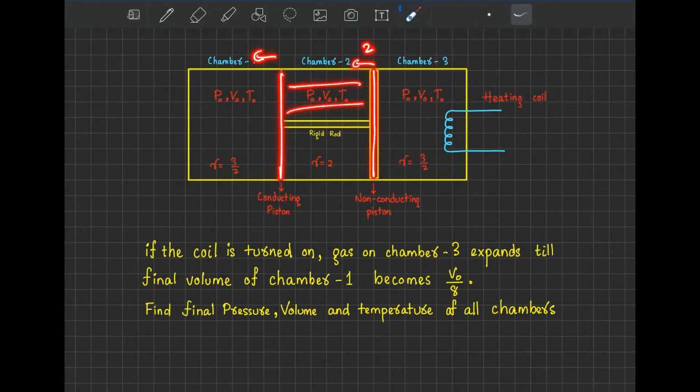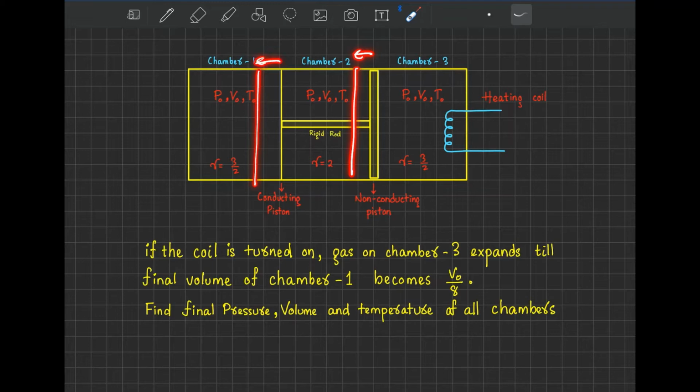So this volume will shift entirely. If this piston moves, this piston will also move, so the volume within this region will not change. It will remain the same. That means chamber 2's volume initially and finally will not change. But in these cases, they may change.